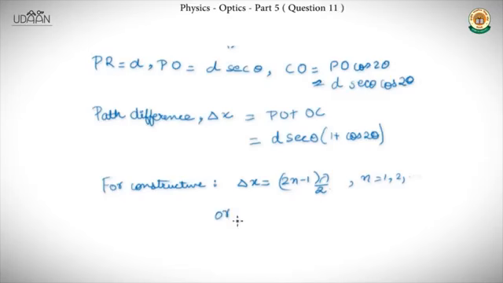So d sec theta (1 plus cos 2 theta) is equal to (2n minus 1) lambda by 2.